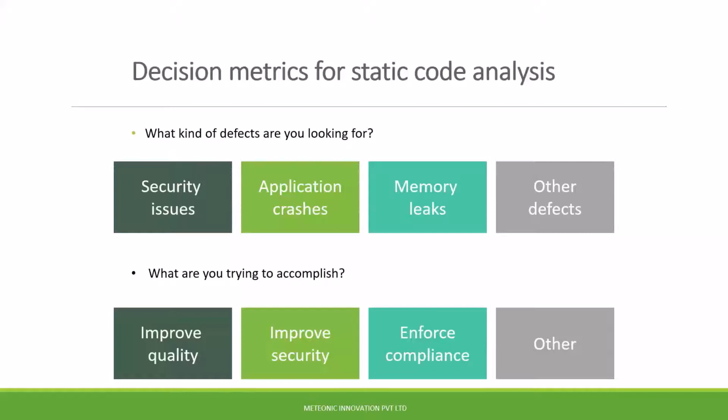Additionally, you have to think about false positive and false negative rates when you choose any tool. A false positive is where there is no problem, but the static analysis tool tells you there is a problem. It's a false alarm.